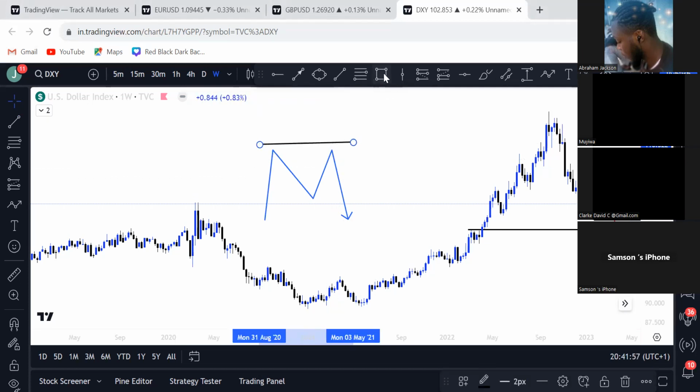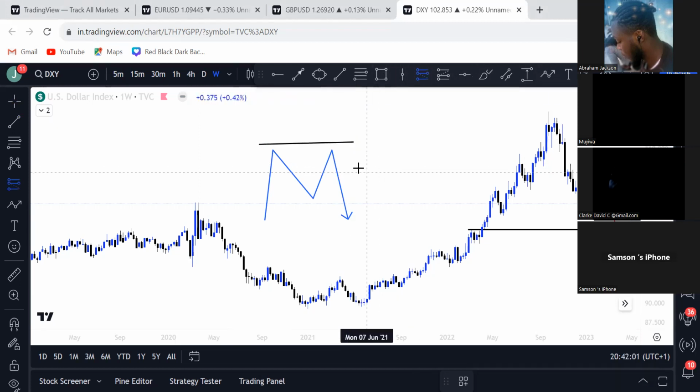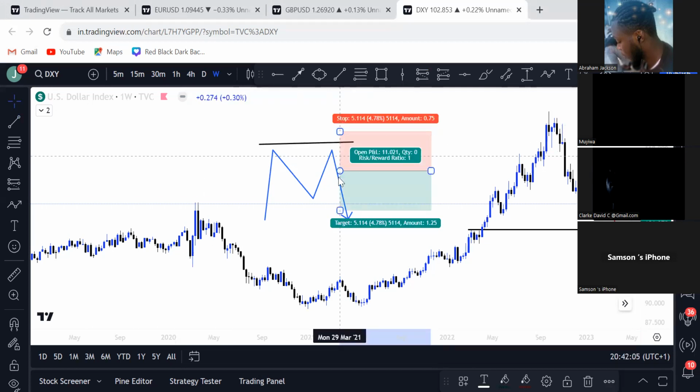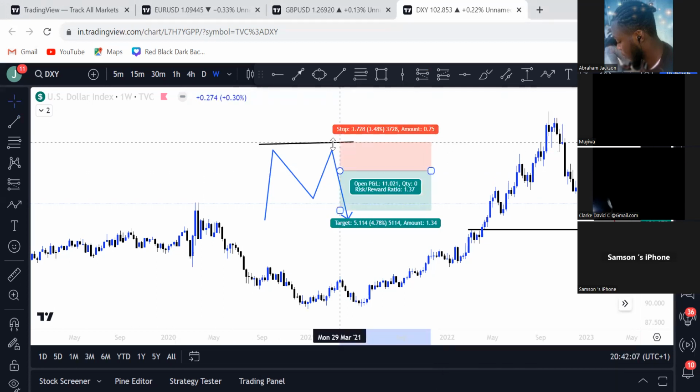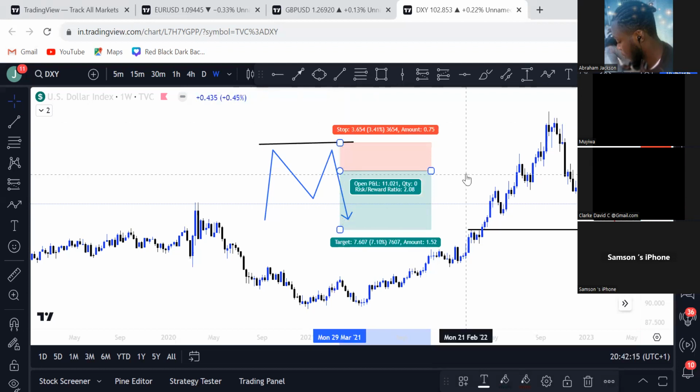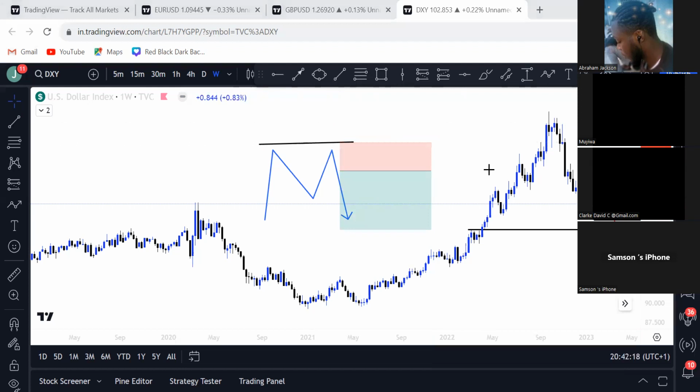Let's say I enter around here. This is my entry, right? And probably this is where my stop loss goes, just above this high. That's the perfect place to put stop loss, right? Oh, double top, amazing. We've seen a good setup.